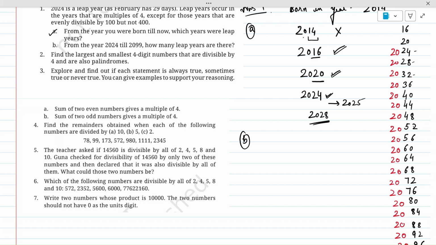All these are less than 2099. The next one will be 2100, which will be out of this range, so we are not writing that leap year here.